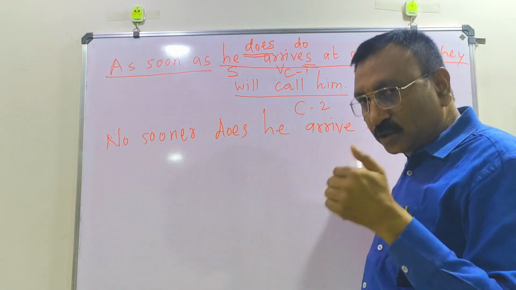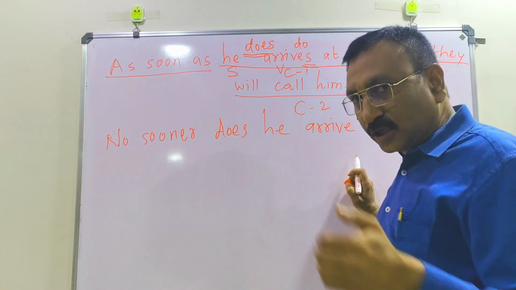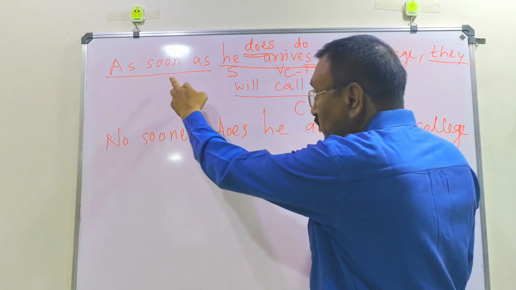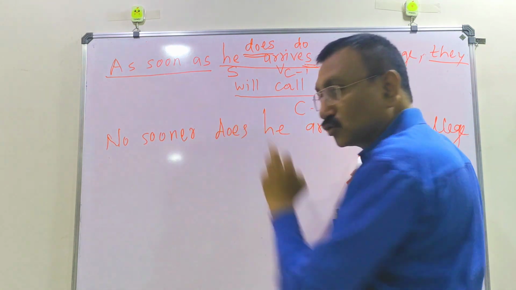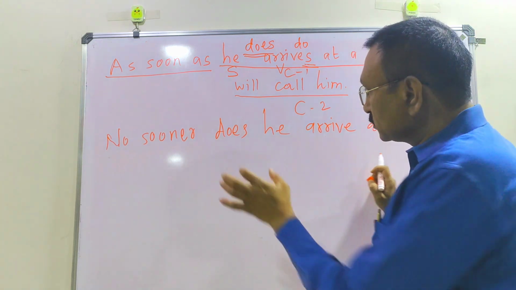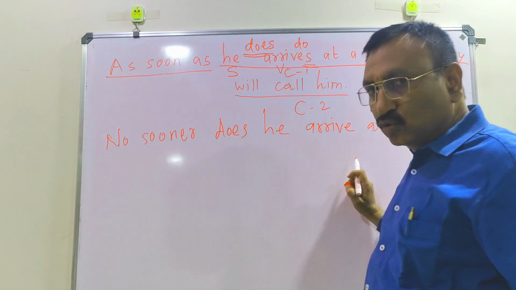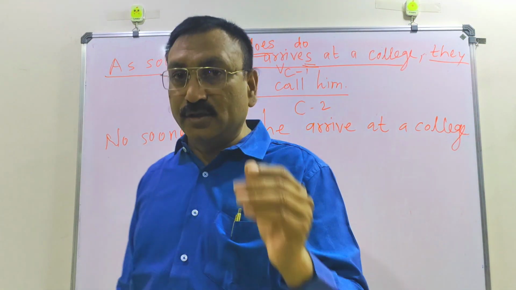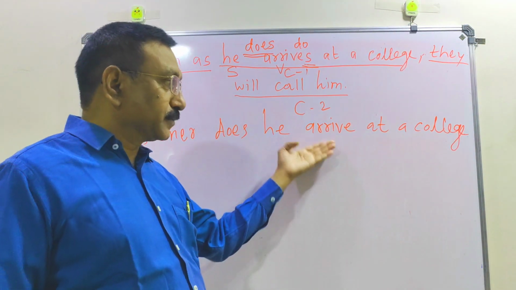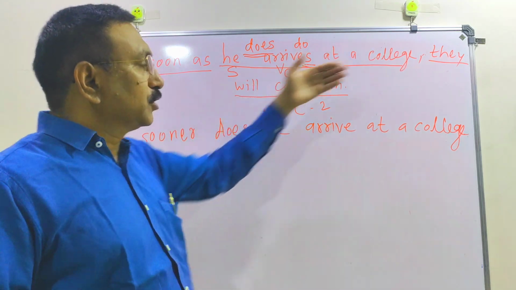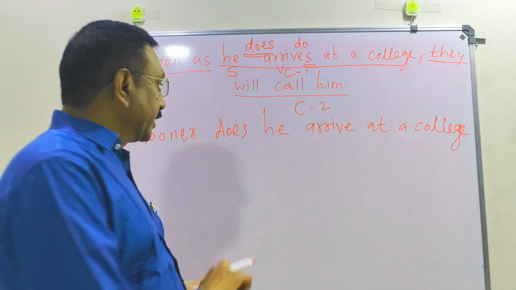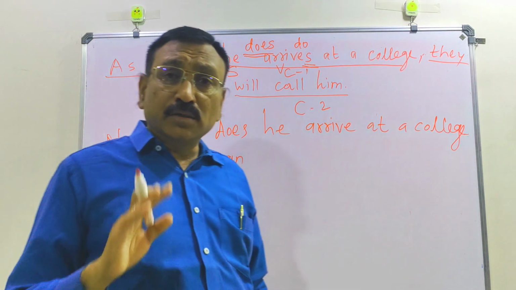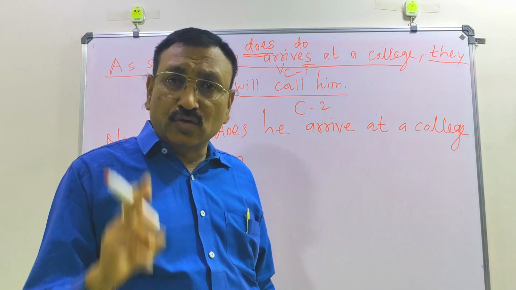So I have done all these things according to the rules of replacing the conjunction as soon as with no sooner. Once you use the auxiliary verb does, you should not attach the suffix s or es to the verb. In the same way, replace the comma with the word than, and do not make any changes in the second clause.